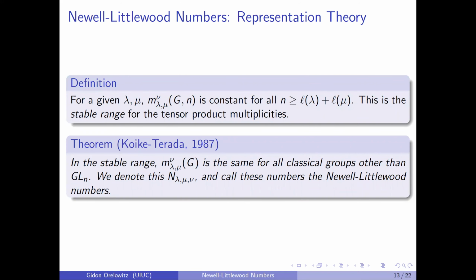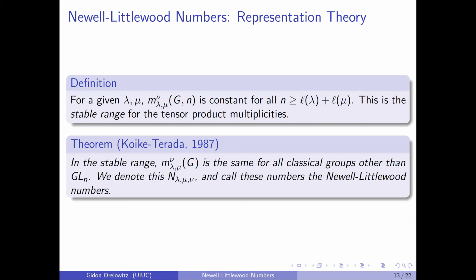Well, that's thanks to Koike and Terada in 1987, which says that in the stable range, other than GLN, all of the other multiplicities are going to agree. So we've done this trick 3 different times for 3 different groups, and we get the same multiplicities. That should be a hint that these things are pretty special. And we're going to call these the Newell-Littlewood numbers.